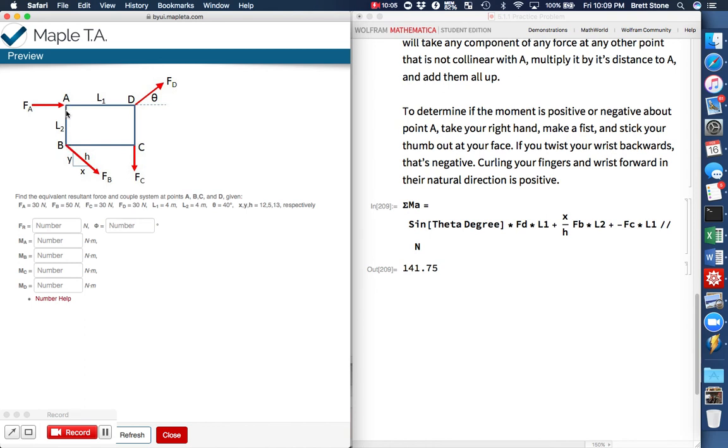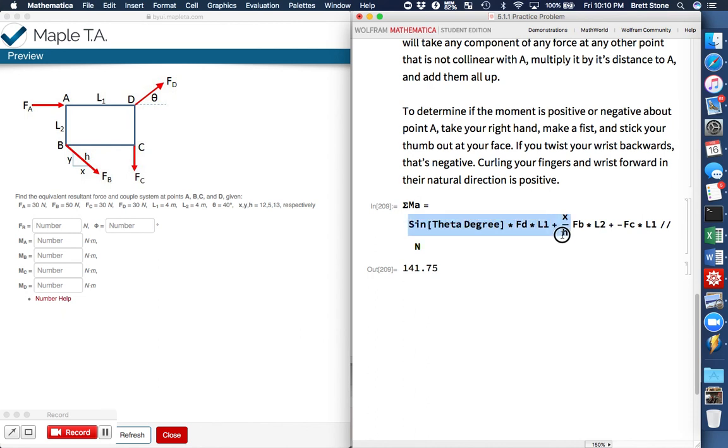So there is no moment caused by the y component, but the x component of FB does have a perpendicular distance between it and A. So the x component, the part that's going in the x direction, x over h times FB times L2, is going to cause a moment about point A, and that's going to be a counterclockwise moment, so it's going to be positive. So you'd have to add all three of those together, like we show here.